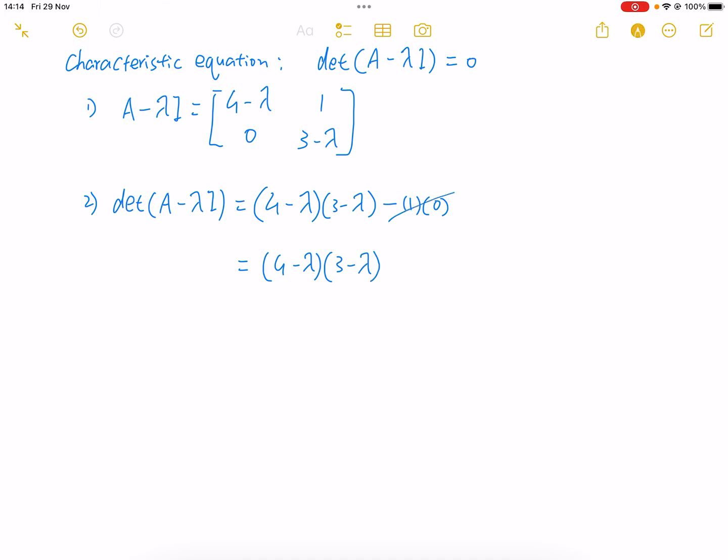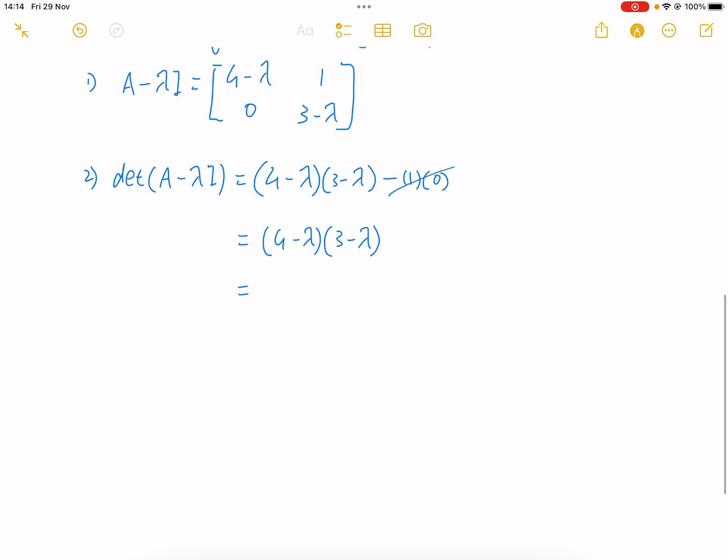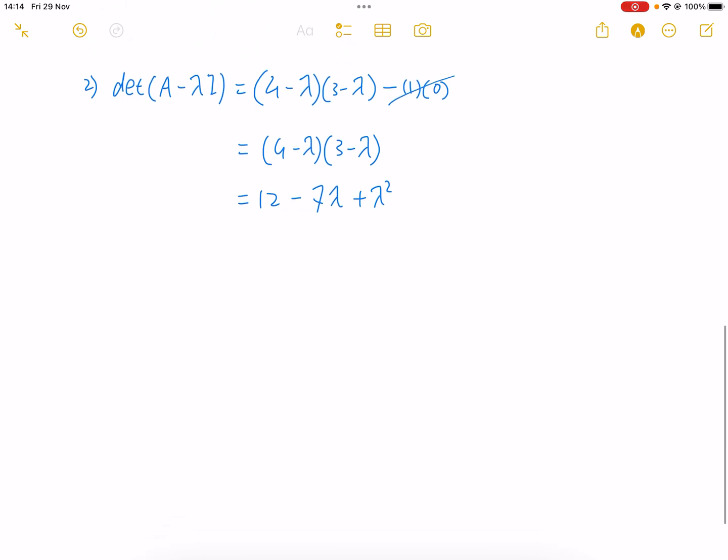This term is 0, so we cancel it. And we get a characteristic equation, which is 12 minus 7 lambda plus lambda squared. Then we rearrange this equation to get lambda squared minus 7 lambda plus 12 equals 0.